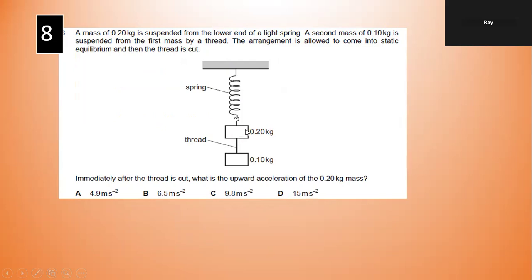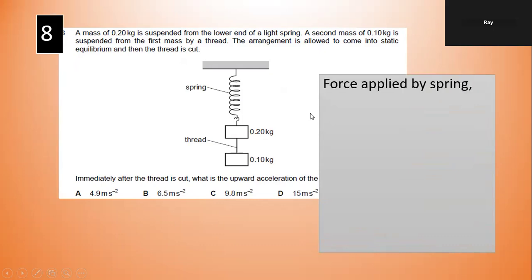Right. There's your spring. There's your mass. Attached to the mass is another 0.1 kilogram. Let it stabilize. Then you cut the string. You want to know the acceleration immediately after you cut the string. Is it B? Basic idea is this is the one that provides the force, and the force is the one acting on this mass.